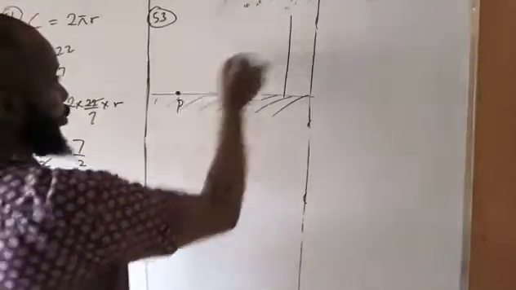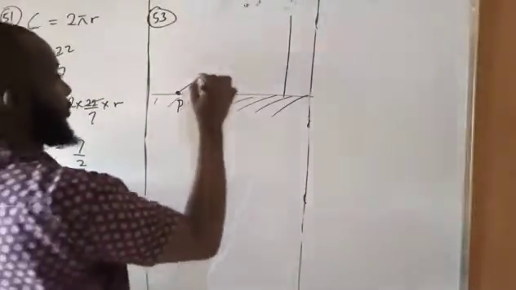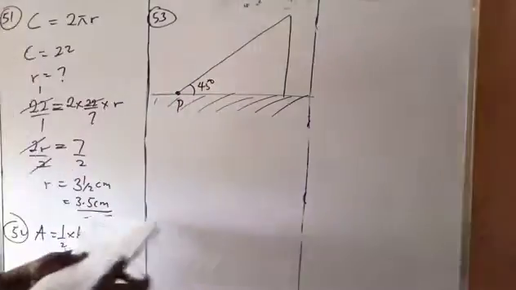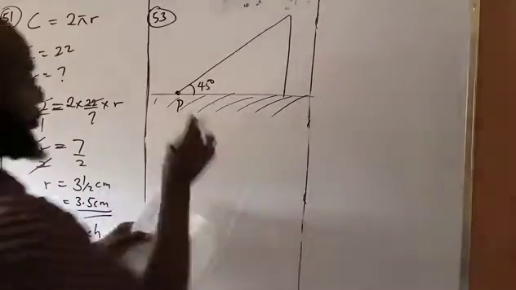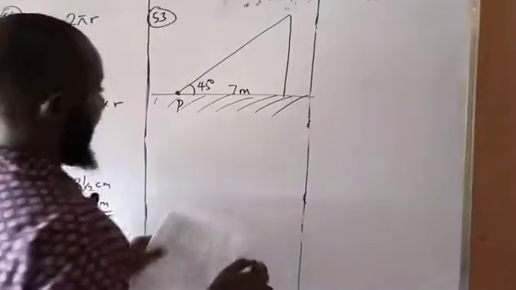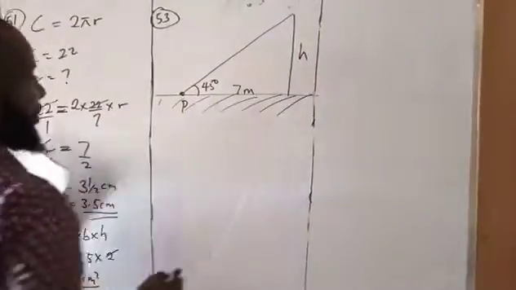So from this point P, you have to raise your eyes 45 degrees to look at the top of the pole. If the distance from P to the foot of the pole is 7 meters, find the height of the pole, which is this.